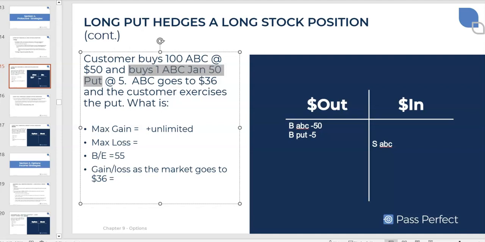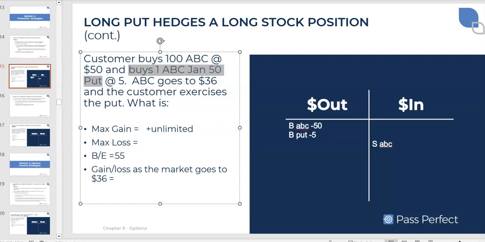Sell at 36? No. He could, of course, but hey, he doesn't have to, does he? Why not? Bought the ABC January 50 put and has the right to do what? Right to exercise. And if he exercises, what does that give him the right to do?